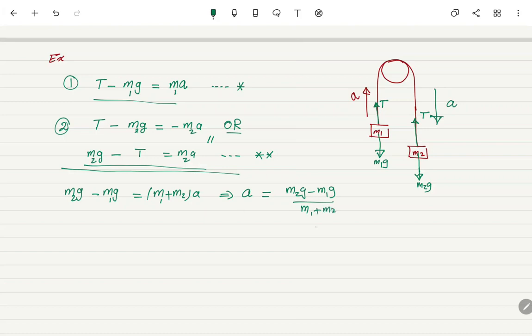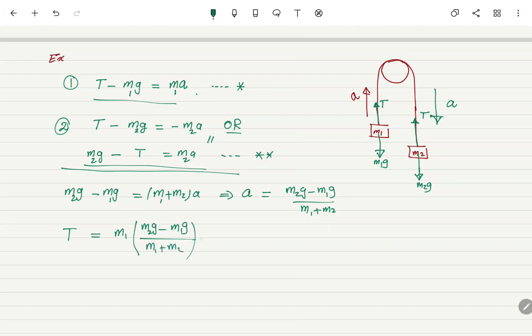Once we calculate the acceleration, we can easily apply it in one of these two equations, either this or this. So when we substitute this acceleration in the first equation, you will get tension equal to M1 times A. We just calculated this one: it's M2G minus M1G divided by M1 plus M2.